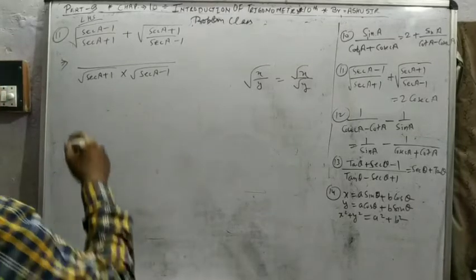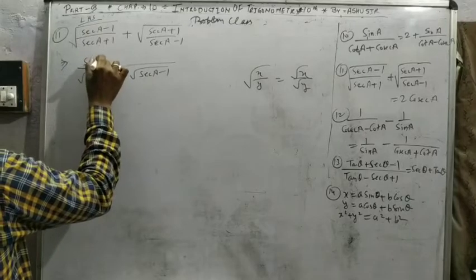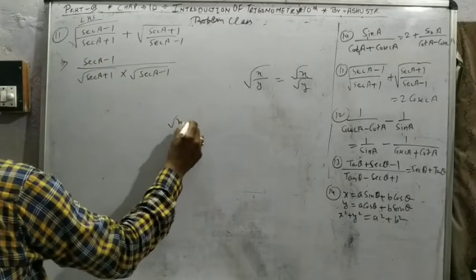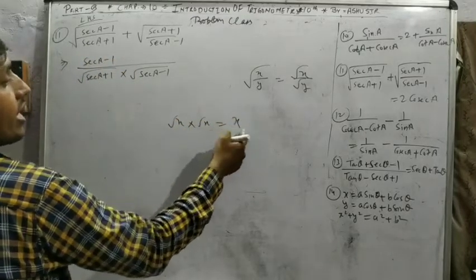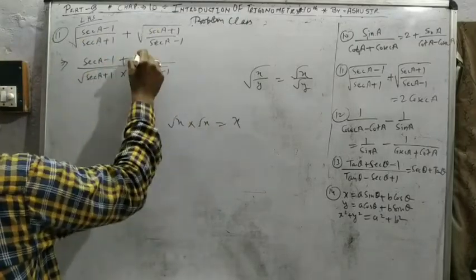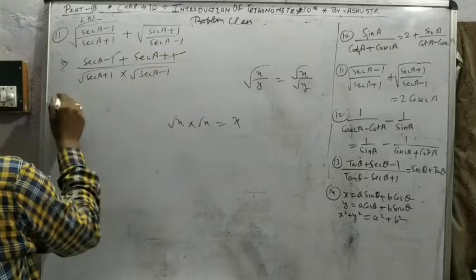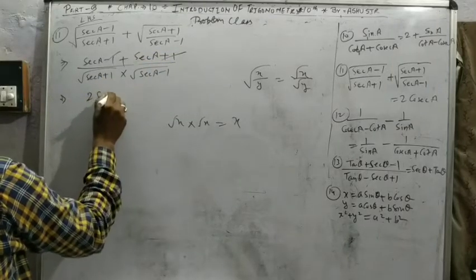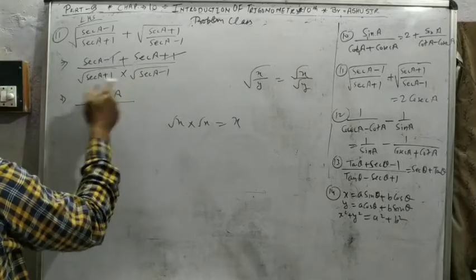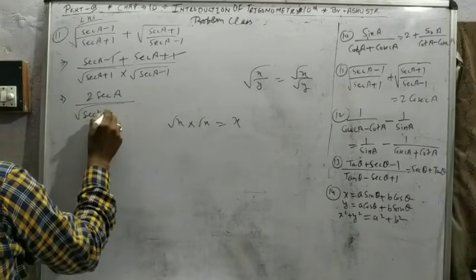Then this cancels minus, so same term, just like root x into root x, you get x. So same cancel, only sec A plus 1. 1 cancel. 2 sec A. In root same, so sec plus 1, sec minus 1, sec square A minus 1.